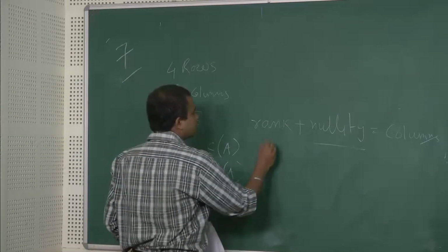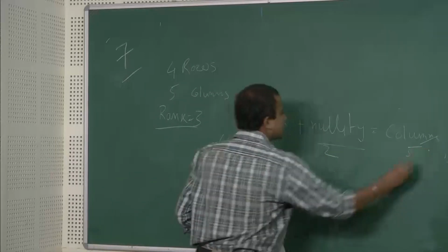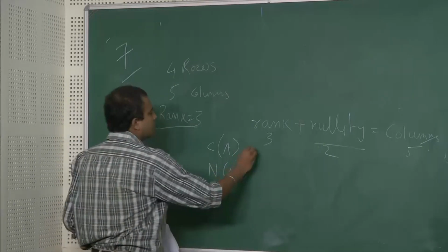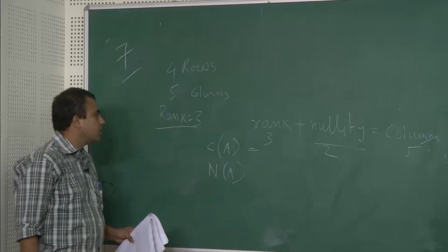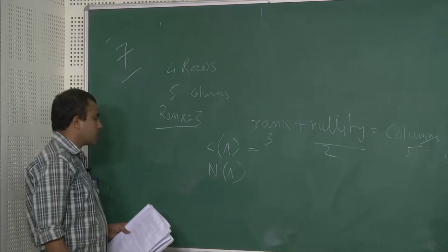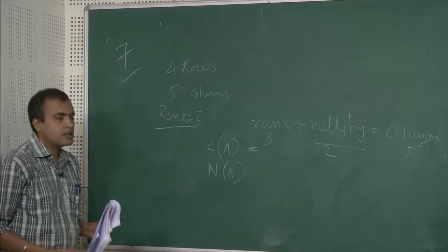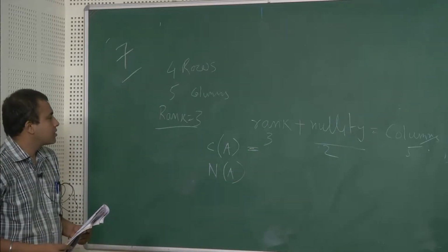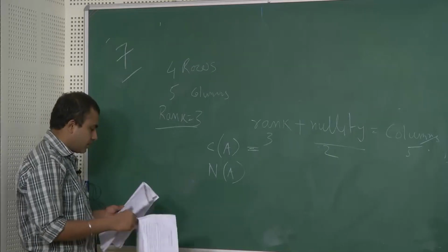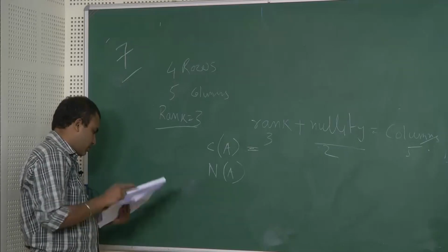So, this is 3, this is 2, as I said 5 columns. Now, the column space will basically be the linear combinations of those 3 independent columns, and for the determination of the null space, I will give you the exact values of those transformations.